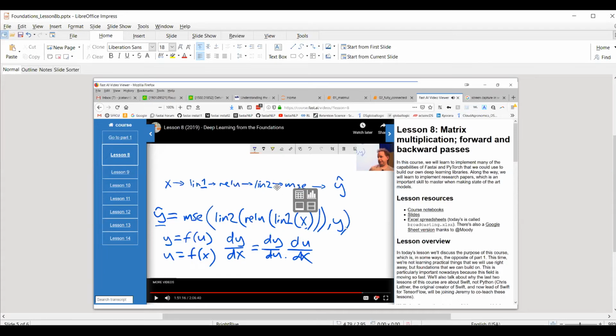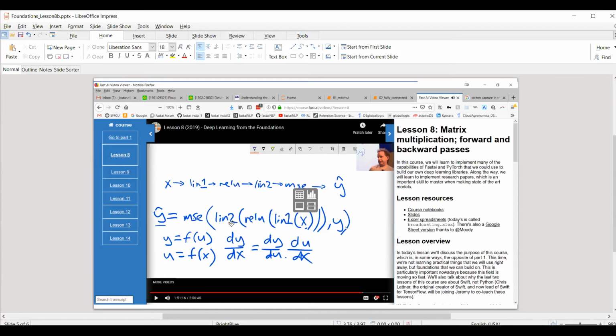Then you can compute the mean squared error. Actually, there should be an arrow from lin2 directly to y hat, the estimate of the digit, because you don't need the mean squared error to compute y. But when you have all these things, you can also compute the mean squared error.